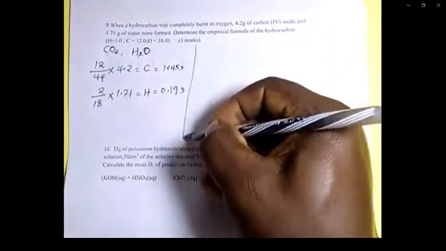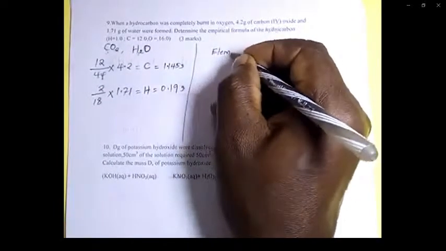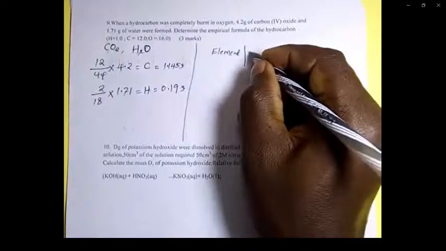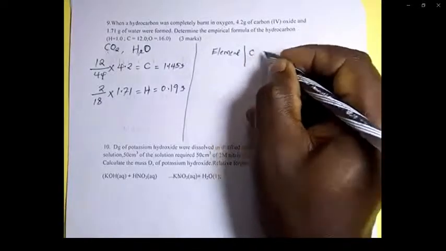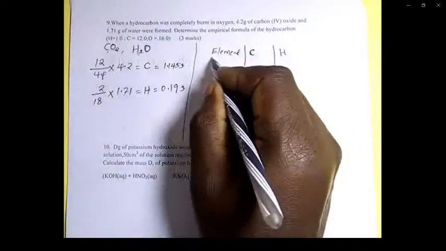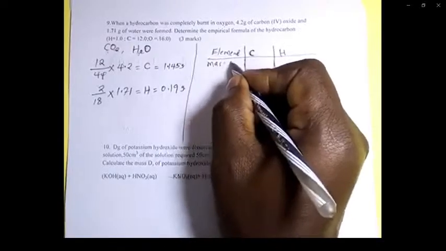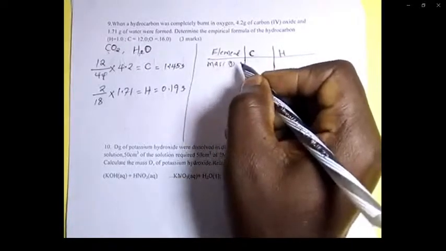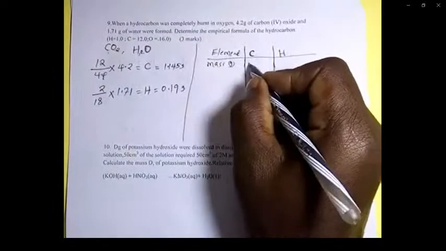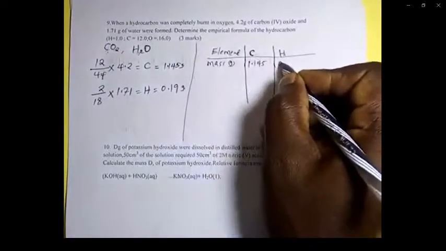Now we go back to the table. The elements here are carbon and hydrogen. Mass in grams: carbon is 1.145, hydrogen is 0.19.